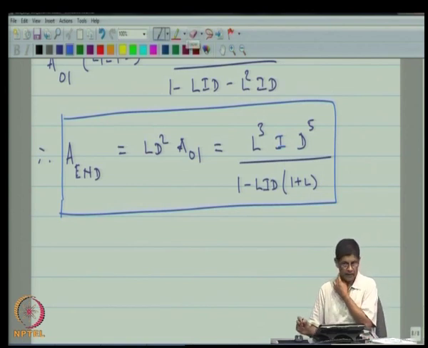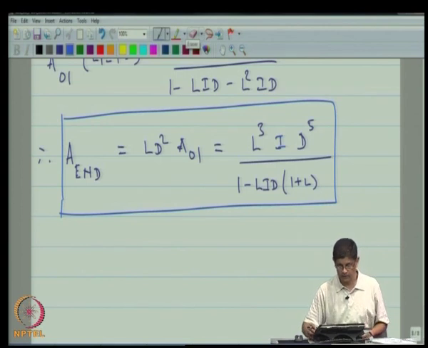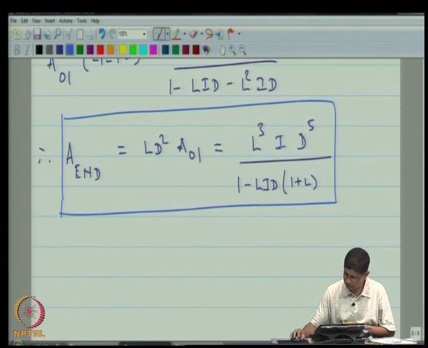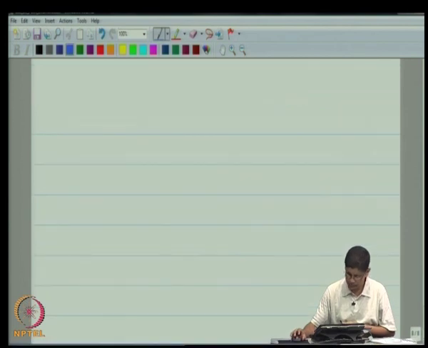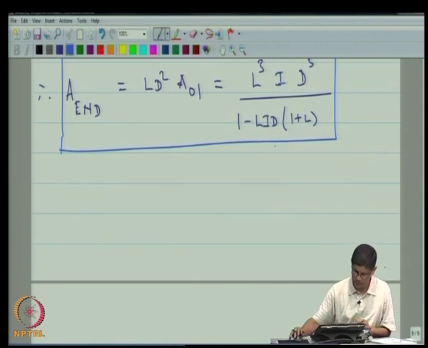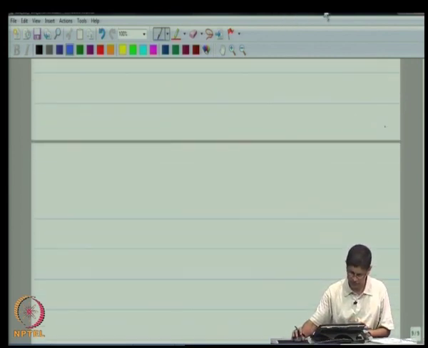Now, I mentioned that we were interested in path enumeration. So, how exactly does this help us enumerate paths? Any time you have an expression, I will just make a comment on the side here.